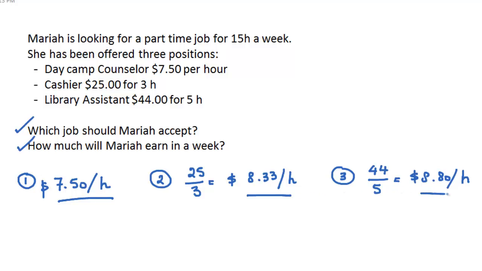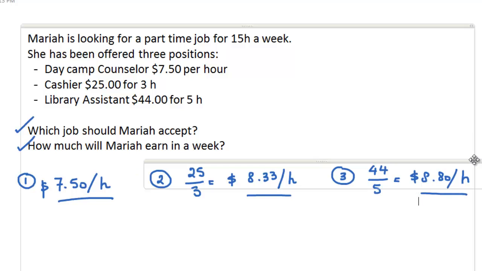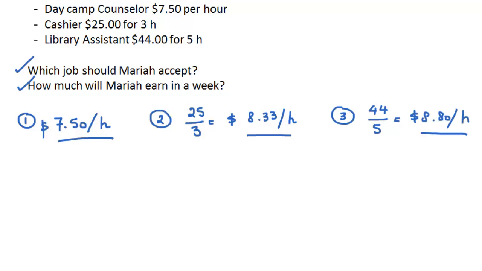The third one is $8.80 per hour. So right away, I can see that case number 3, which is library assistant, it will give Maria the best price or the best salary. So in this case, I answer the first question by saying that Maria choice is going to be the third one, which is library assistant.